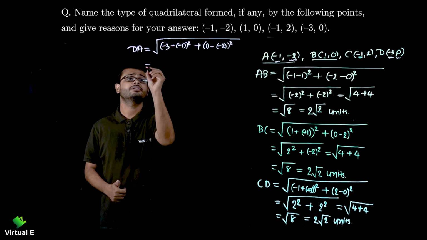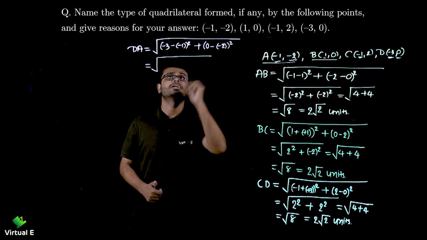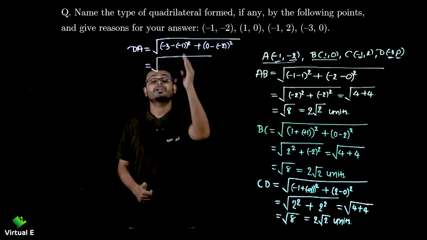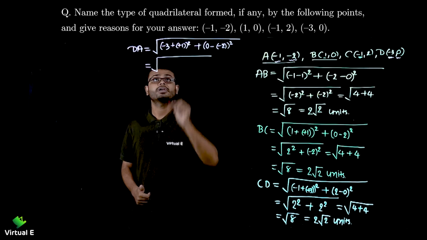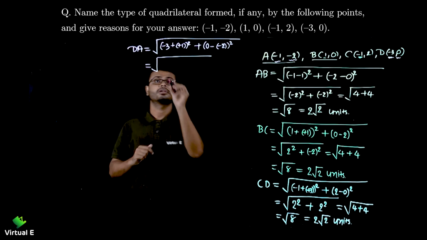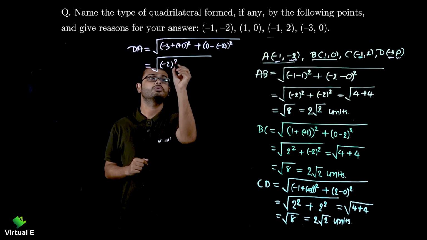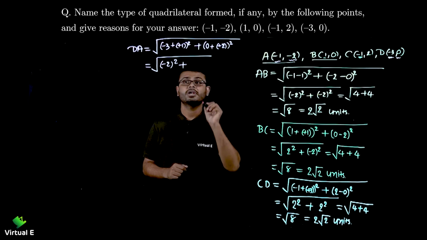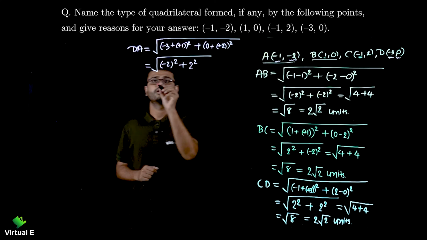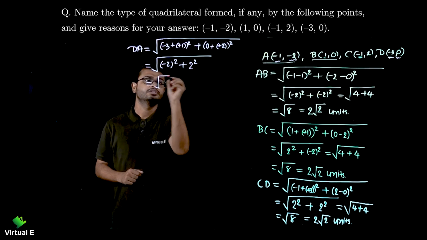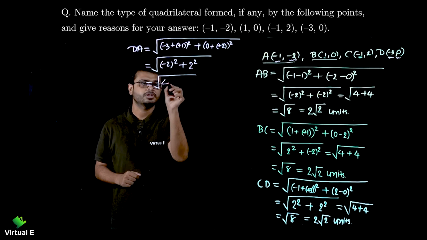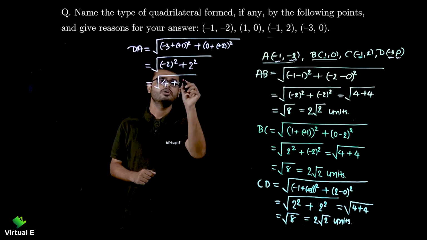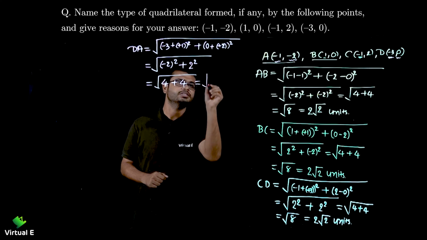Let's simplify further. So square root as it is. Here minus 3 minus minus 1, that will become plus over here. Minus 3 plus 1. So minus 2 whole square plus 0. Here again minus minus will be plus. So 2 square. Then let's simplify. So minus 2 square will be plus 4, and 2 square is also plus 4. Here what's the answer?